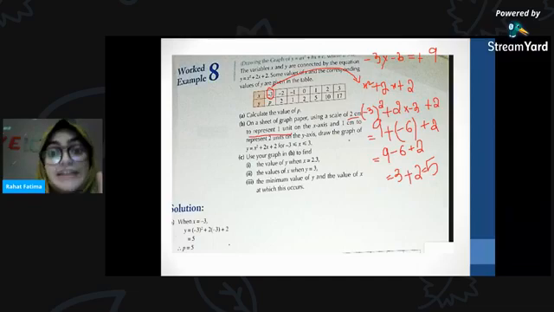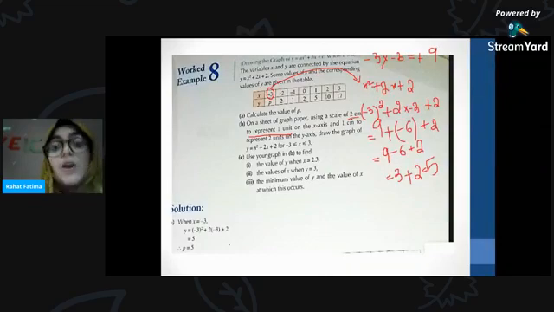This word 2 centimeter actually means that we need to leave 2 boxes. If they're giving us 3 centimeter, we need to leave 3 boxes. If they're saying 4 centimeter, we need to leave 4 boxes. This centimeter actually represents boxes, because we know that one box on the graph paper represents 1 centimeter.